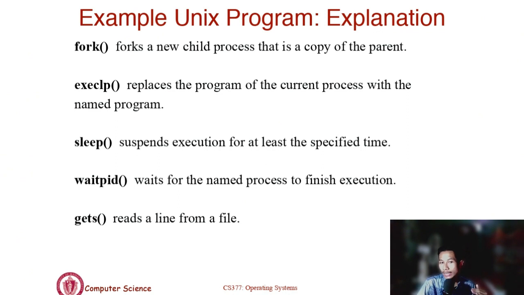So let's dissect an example Unix program and understand the functionalities of its key components. So fork: the fork system call creates a new child process that is an exact copy of the parent process. So this allows for parallel execution of tasks, with each process having its own memory space and execution context.